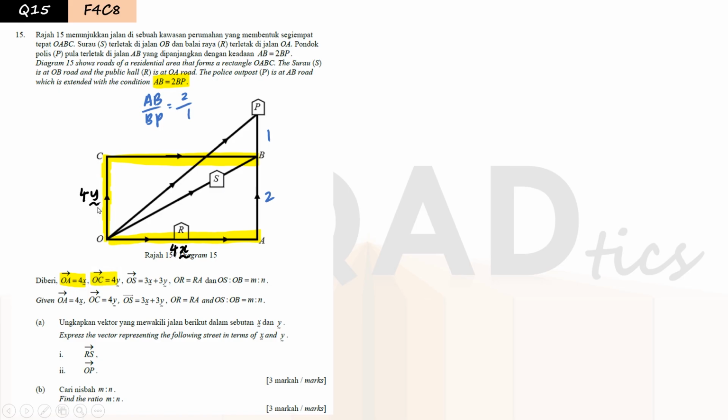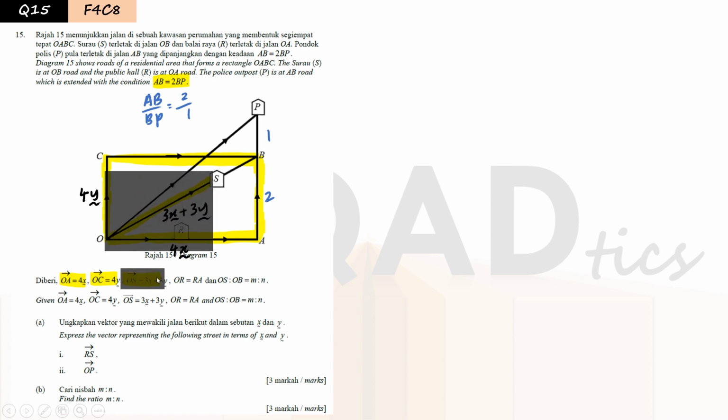OC is 4y, so since this is a rectangle, OC and AB have the same vector, because they are parallel. Also OS here, it's somewhere here, so we are also given that vector. And the last thing is OR and RA are equal to each other, which means the distance from O to R and R to A is the same. So R is the midpoint of the line.